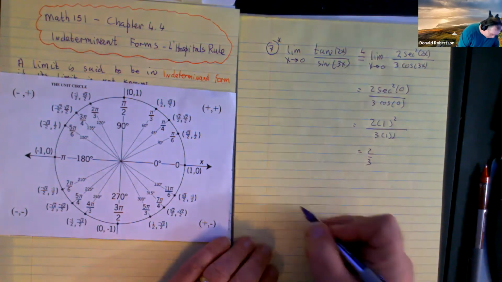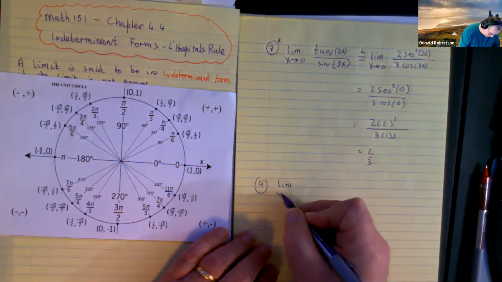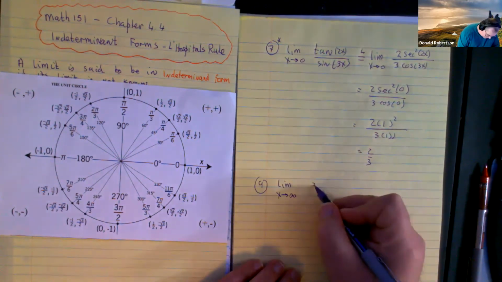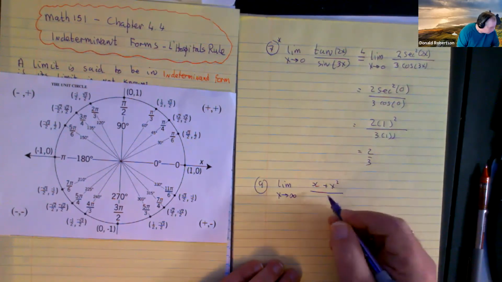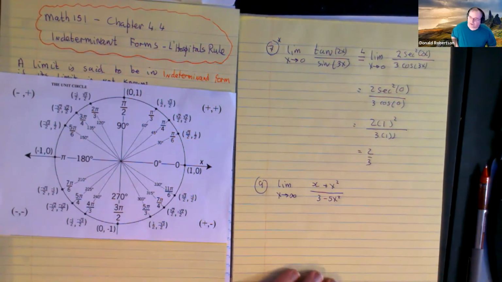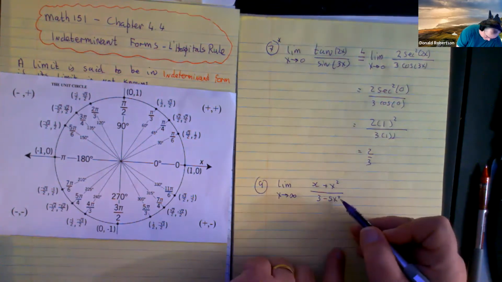You can also use L'Hospital when the limit is infinity. So the limit as x tends to infinity of x plus x squared over 3 take away 5x squared. If you plug in infinity, you get infinity over some kind of infinity in the bottom.